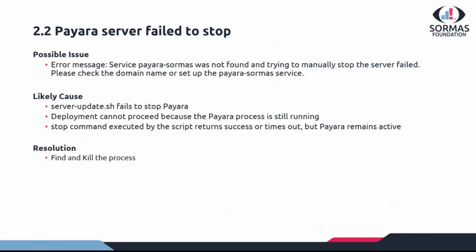This is not an issue of SORMAS or the script itself. I think it's a Unix timing issue. If the Payara server is taking time to actually shut down, maybe it's stopping some cron jobs and things like that, the script may not wait. It may just, after a few seconds, attempt to continue executing itself. So you run into this problem.